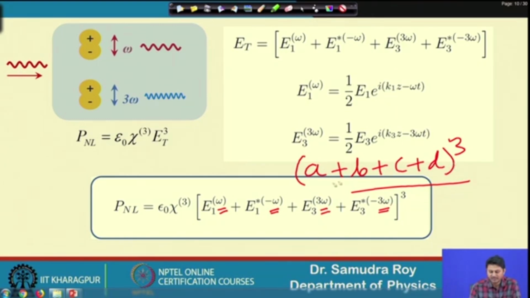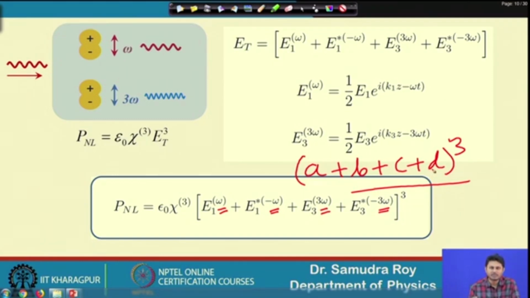If you calculate this (A plus B plus C plus D) whole cube, you will have A cube plus B cube plus C cube plus D cube, plus 3 of A square B, plus 3 of A square C, plus 3 of A square D, plus 3 of B square A, 3 of B square C, 3 of C square D and so on.